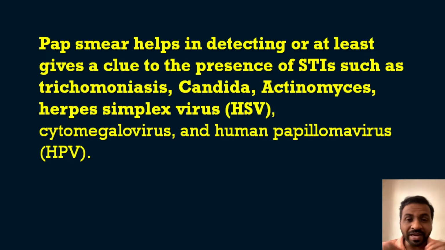So we can detect the presence of these organisms which cause STIs. The Pap smear is not only for human papilloma virus, it can detect other infections also. I think that is additional information for you.